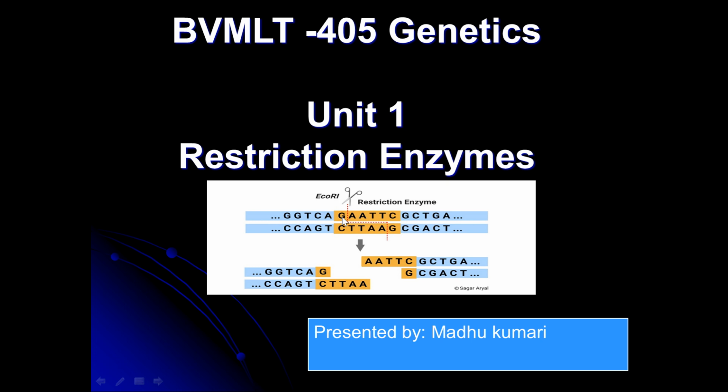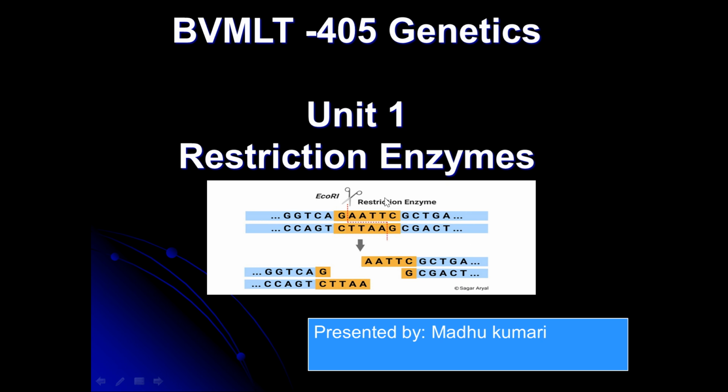And see, this is a sequence, GAATTC, right? This sequence is known as a palindromic sequence. From here we read and from there we read, and these sequences are equal, right? Here we read GAATTC, and here also we read the same GAATTC.